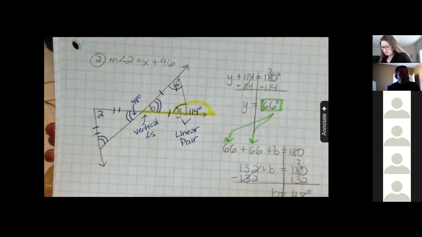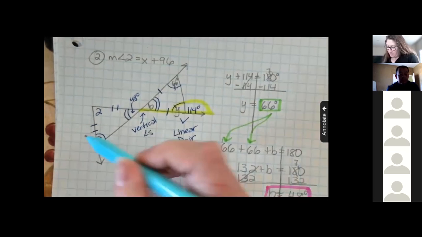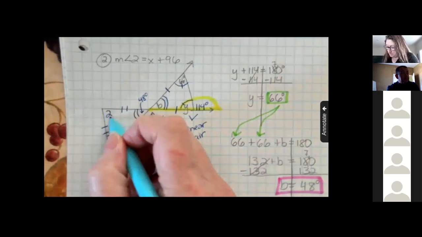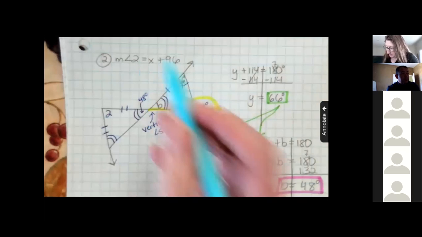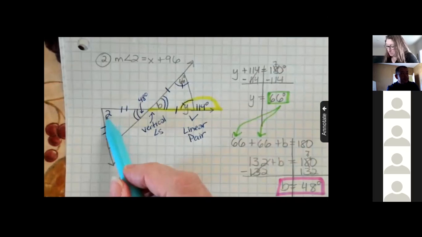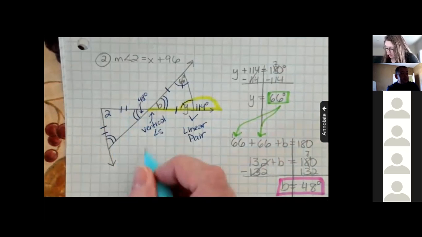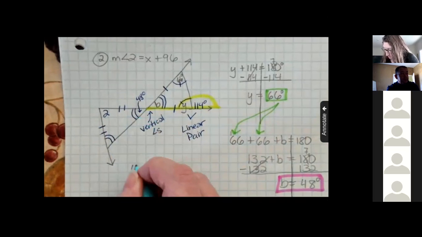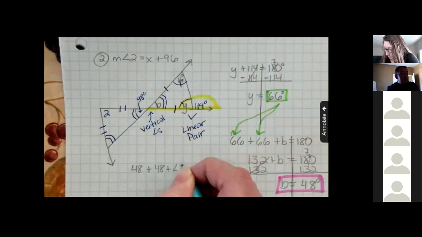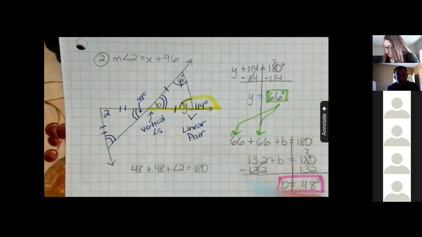So if I now take this information and add these three up, I can figure out what X is without finding out the measure of angle B or angle 2. Okay, so I'm going to take 48 plus 48 plus angle 2, and that's going to equal 180.